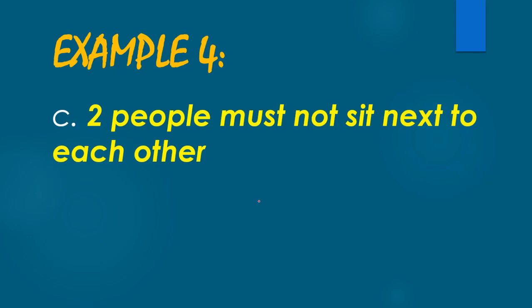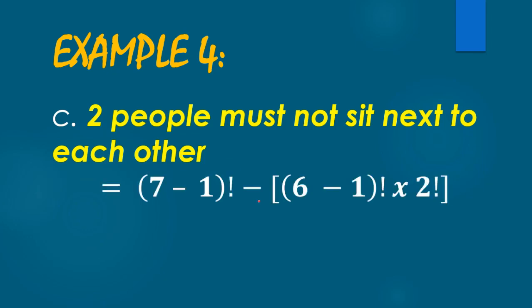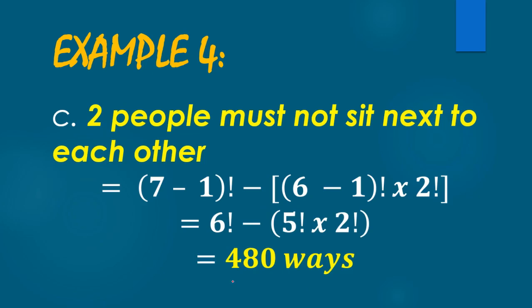So we can subtract it. Again, we have 6 factorial minus 5 factorial times 2 factorial. Simplifying that, we have 480 ways.